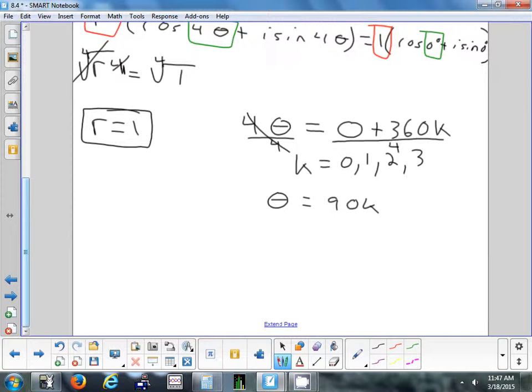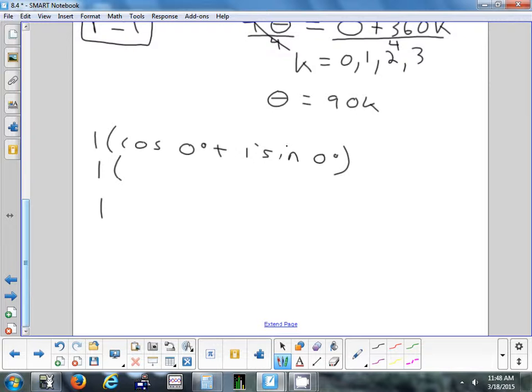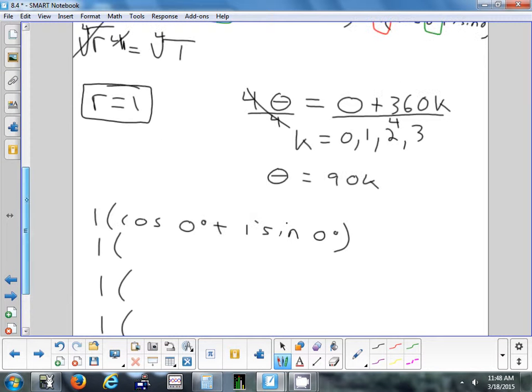Okay, so my first answer is r cosine of, fill in 0 for k. My second answer, r stays the same again. R is going to be the same for all 4 answers.